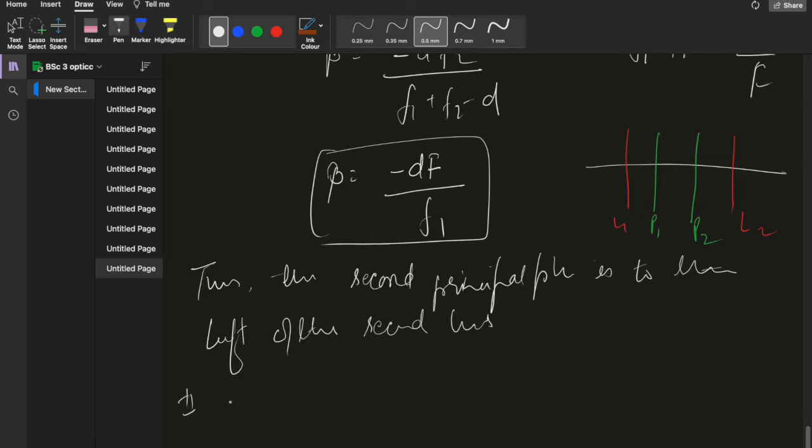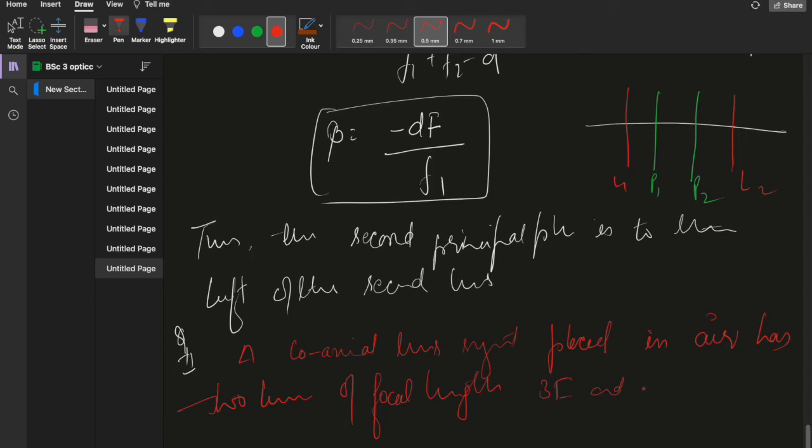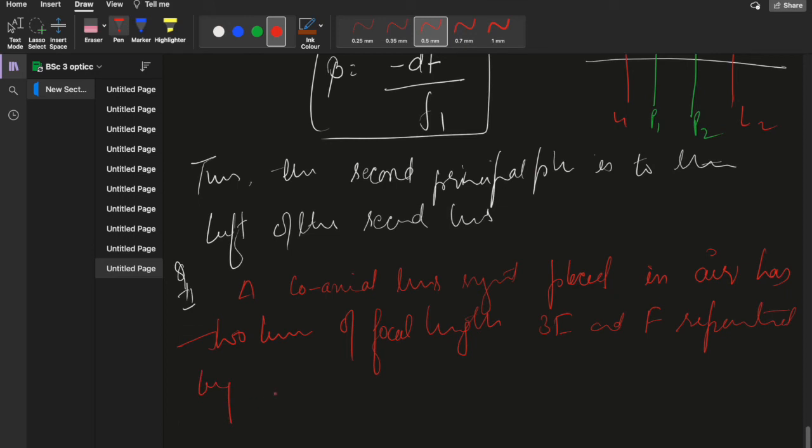Say a question says, suppose a question says, take a coaxial lens system placed in air that has two lenses of focal length 3f and capital F, separated by a distance 2f.